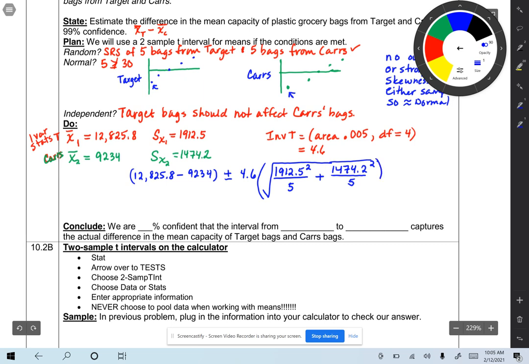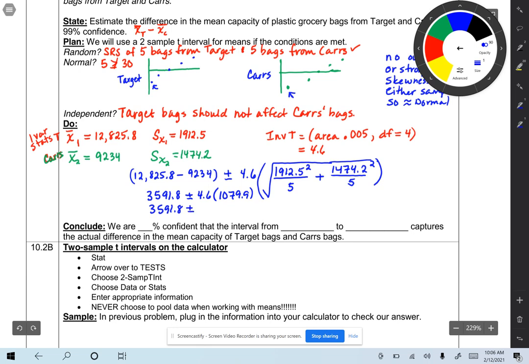All right. That gives me right here, we have 3,591.8 plus or minus 4.6. I did all that stuff under the square root and then took the square root of it, and I got 1079.9.